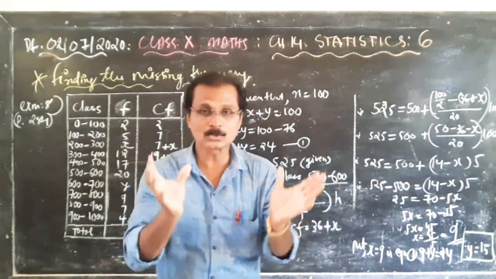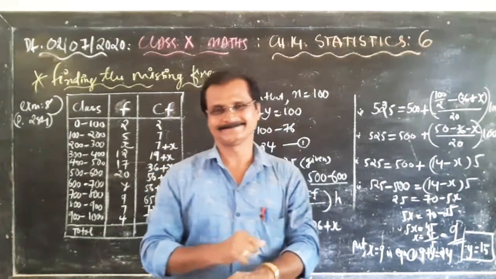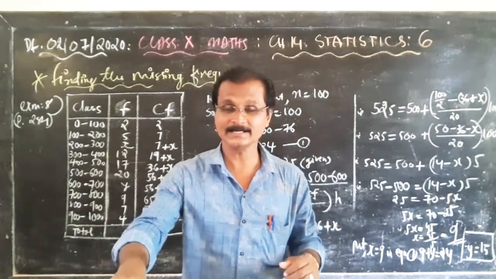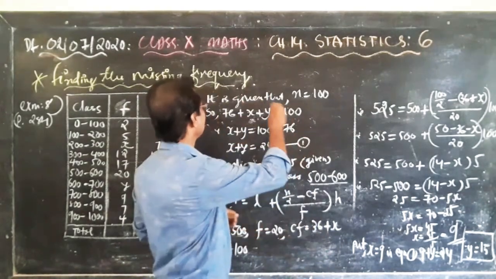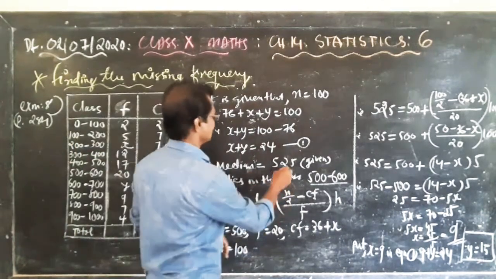Here two clues are given. One is the median, which is given as 525. I have written here, median is 525.